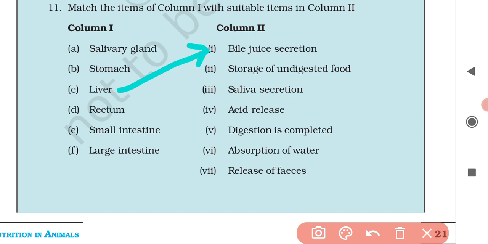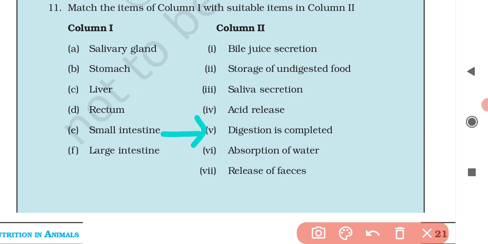Next, rectum. Rectum will be, you can match it with release of feces. Next, small intestine.